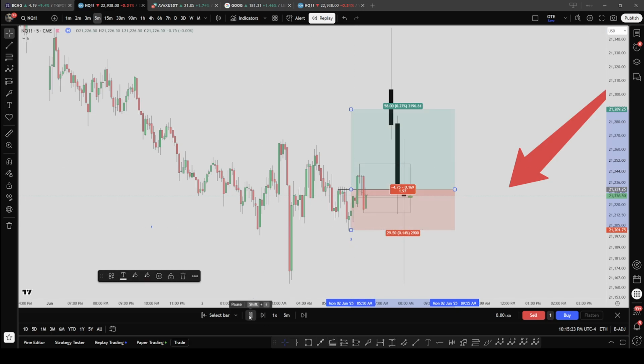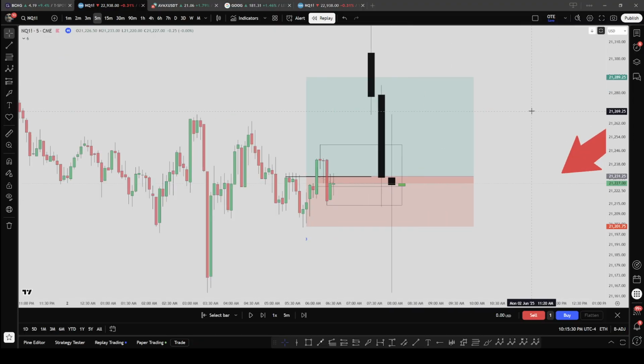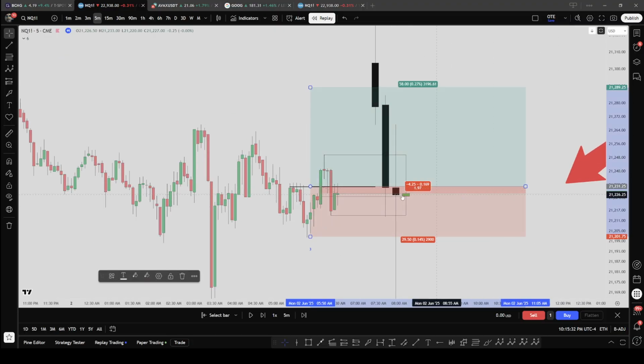And then one thing I learned is that you let the wicks do the damage and you trade the body, right? So once you regain the 4-hour opening candle, right? So first we lost it, we created the wick low, we regained it. That's when you know it's gonna start expanding because it has to expand the body.